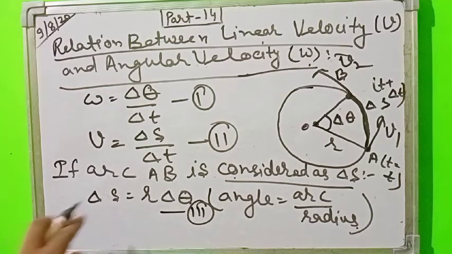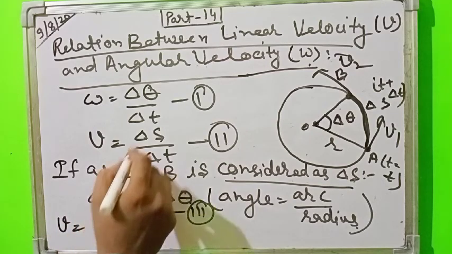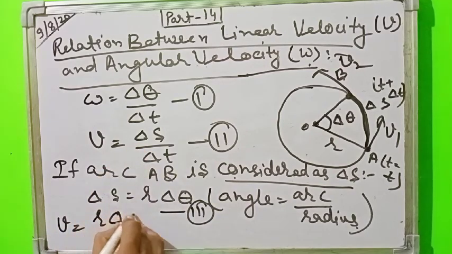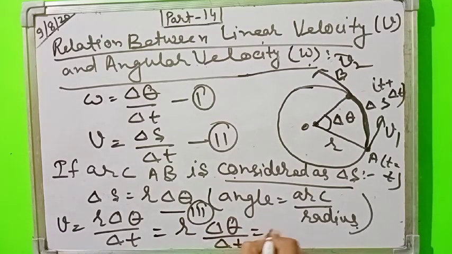So if we replace delta s by r del theta, v is equal to delta s upon delta t, which is r del theta upon delta t. So it becomes r times delta theta upon delta t, and it is equal to r omega.